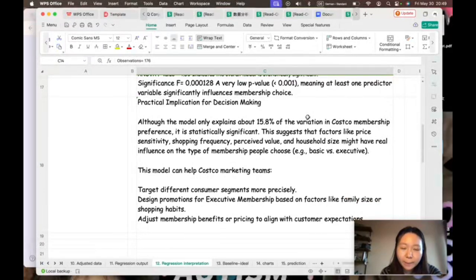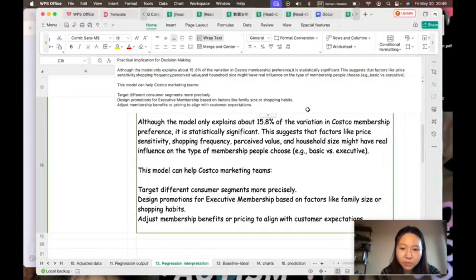Practical implication for decision making: although the model only explains about 15% of the variation in Costco membership preference, it is statistically significant. This suggests that factors like price sensitivity, shopping frequency, perceived value, and household size have real influence on the type of membership people choose.